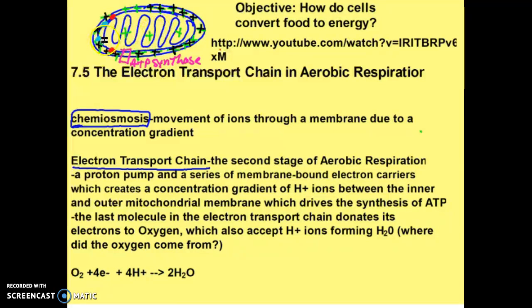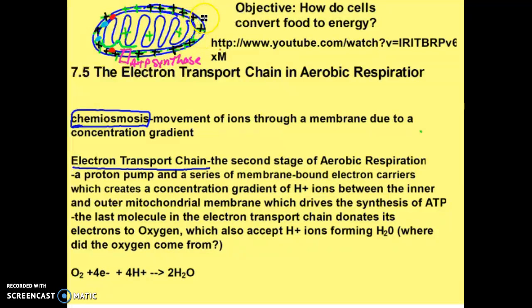It's not a perfect drawing. This should continue on here and kind of close that. But anyway, we talked about the carrier molecules that are made in the Krebs cycle that are just meant to carry energy into the next cycle.